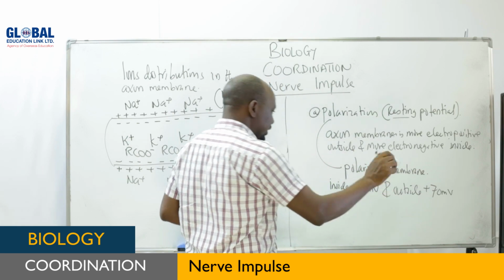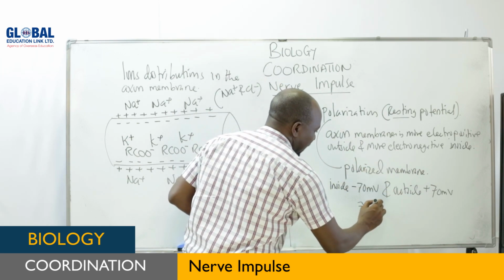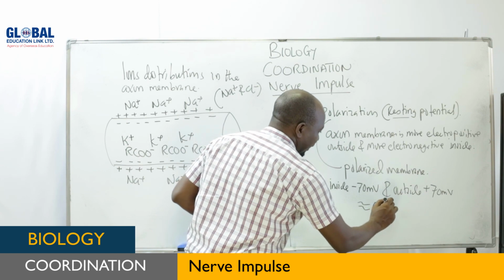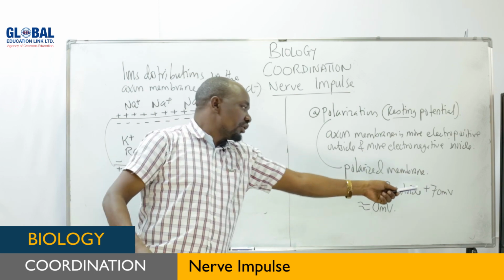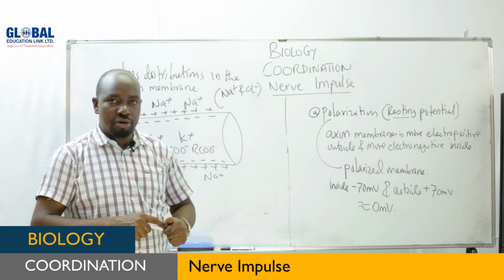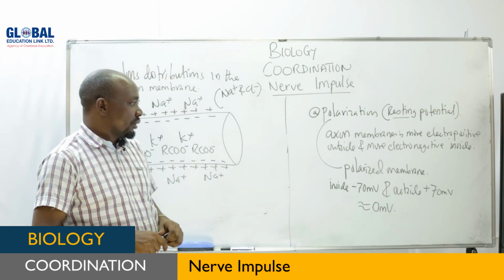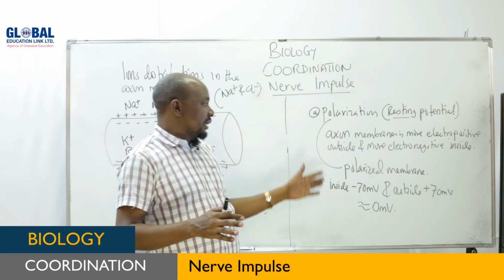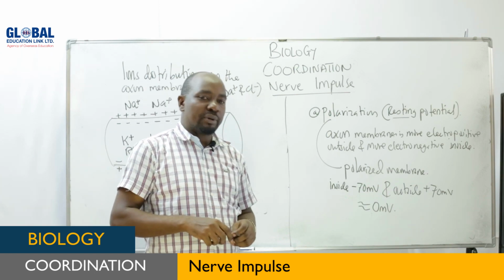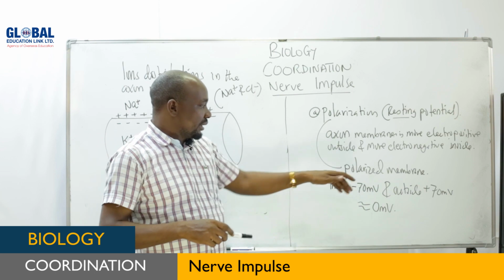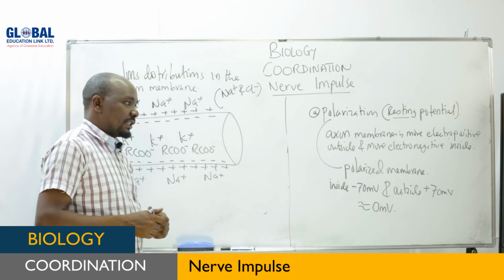So the net potential difference is approximately 0 millivolts, because the number of positive ions and negative ions are equal across the membrane, inside and outside. So the membrane is described as being at resting potential, and the membrane is polarized.